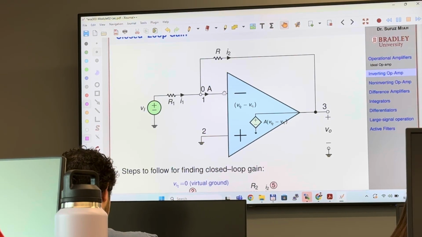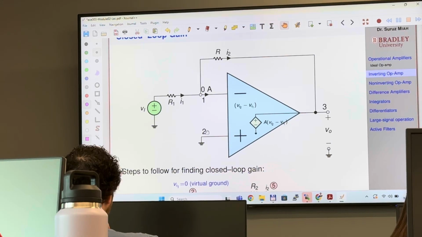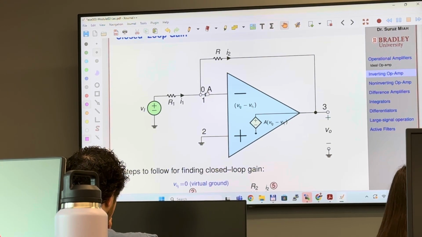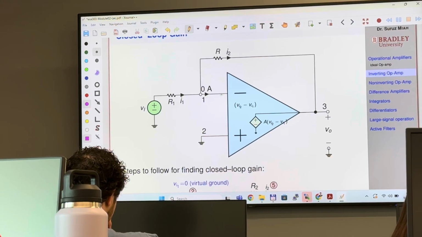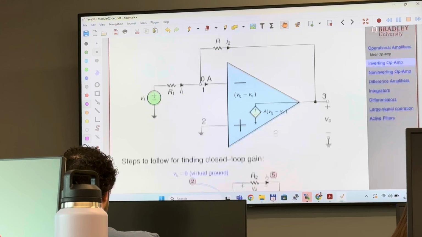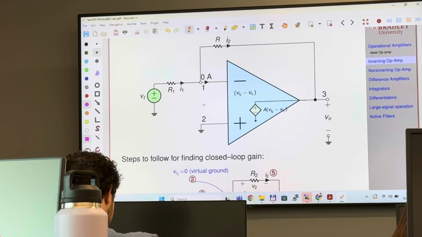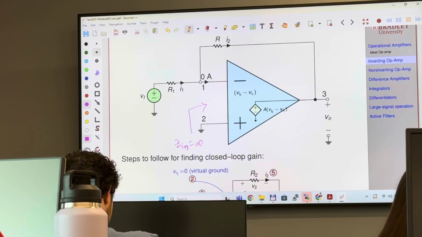And this is the inverting input, and this is the non-inverting input. You will have zero current flowing through the inverting input, because ideally this operational amplifier will have input impedance infinity.